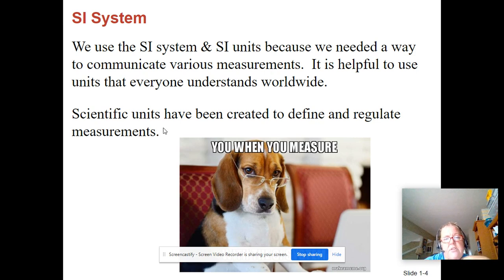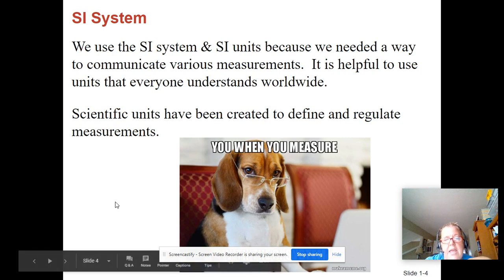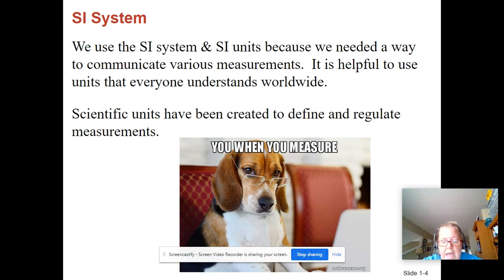Scientific units have been created to define and regulate measurements. Back in the day, when we had just the English system, it changed because whoever was the king at the time, that was the definition of a foot. If you got a new king, the definition of a foot would change. Same thing with a yard.